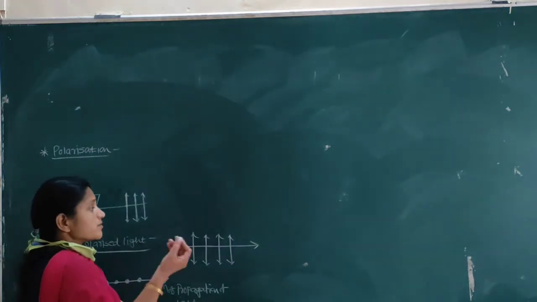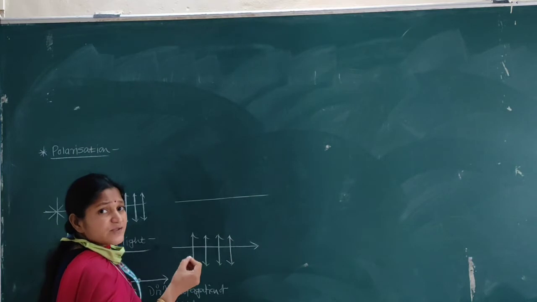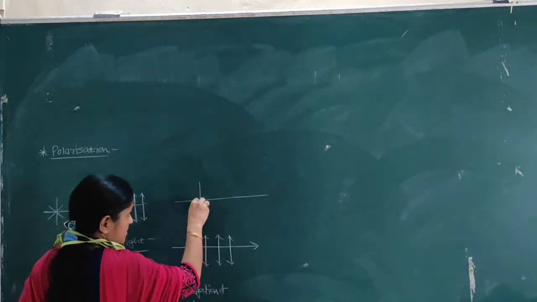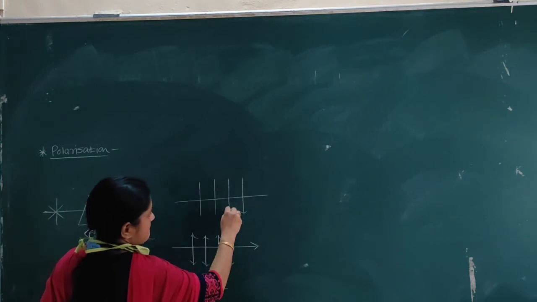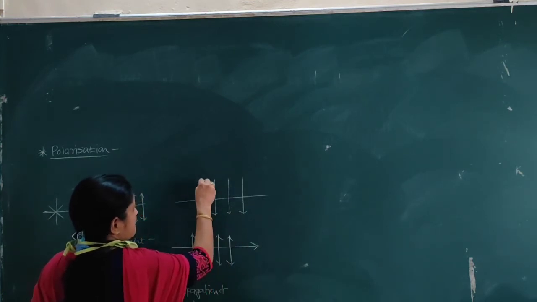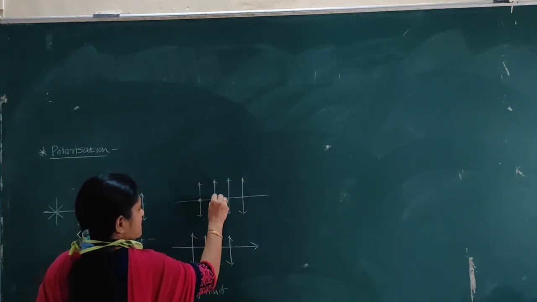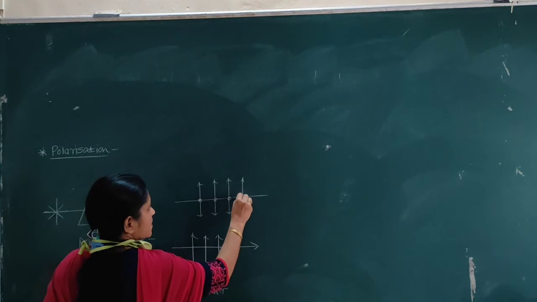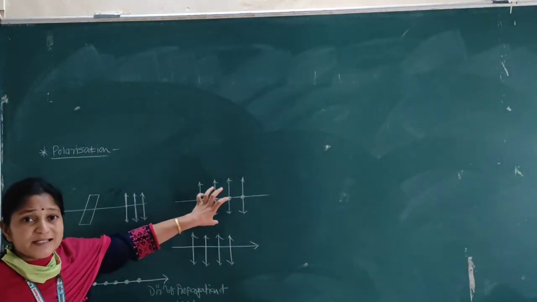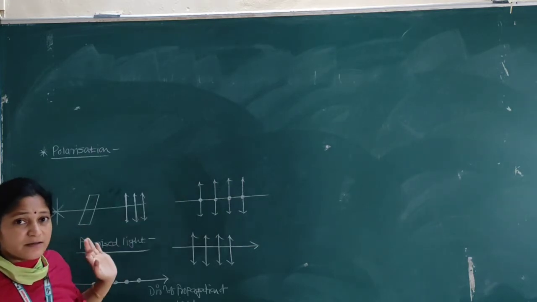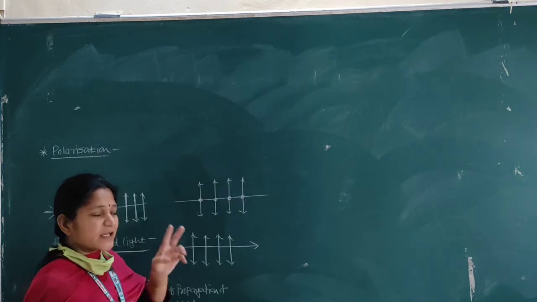Now sometimes, if we represent light by a dot as well as by an arrow like this, then this does not represent a polarized light, because if you see this figure, there are two directions.